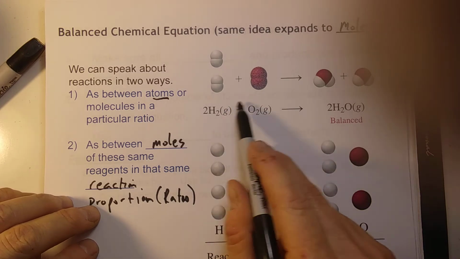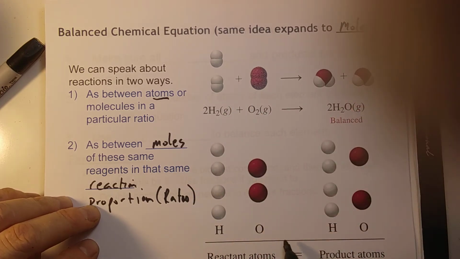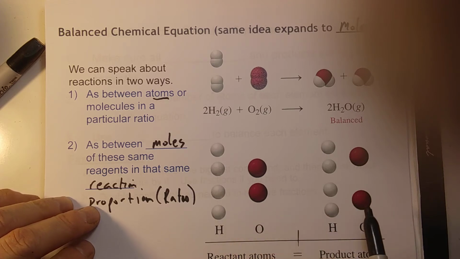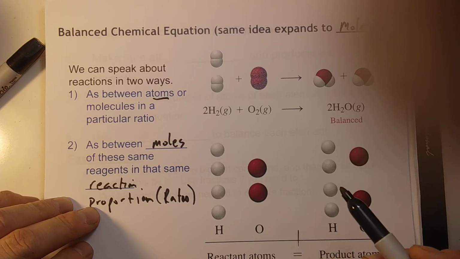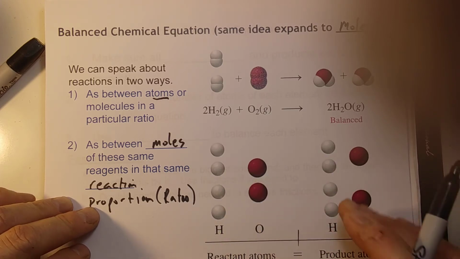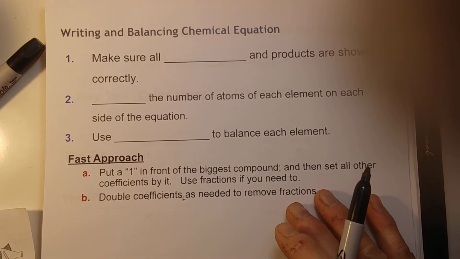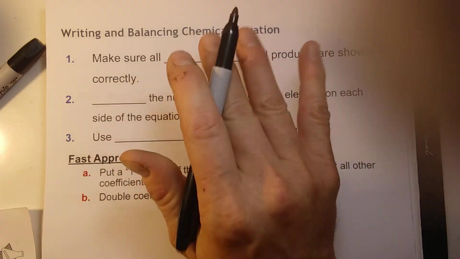Now, I've just kept it up here in the molecular form. We are doing a counting many times to make sure the numbers of atoms or numbers of moles are equivalent. 4 H's on the reagent side, 4 H atoms on the product side. But we again could say 4 moles to 4 moles, 2 moles of oxygen to 2 moles of oxygen. Nothing is gained, nothing is lost. Conservation of mass.